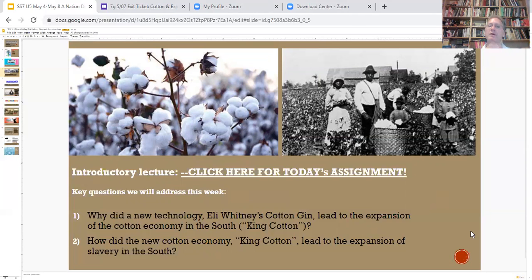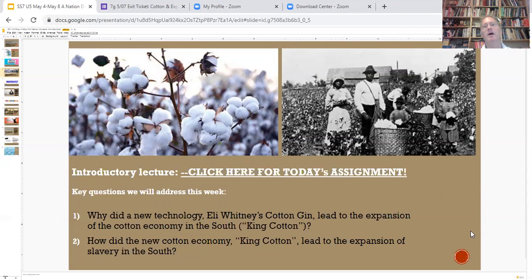Before then, the kind of cotton that grew in the continental United States had a lot of seeds in it and it was very difficult to clean, and it made it very expensive to pull the seeds out of those fluffy cotton fruits, so-called fruits.